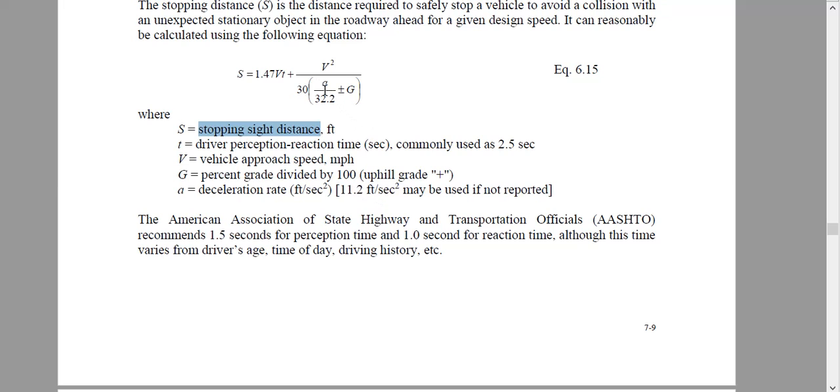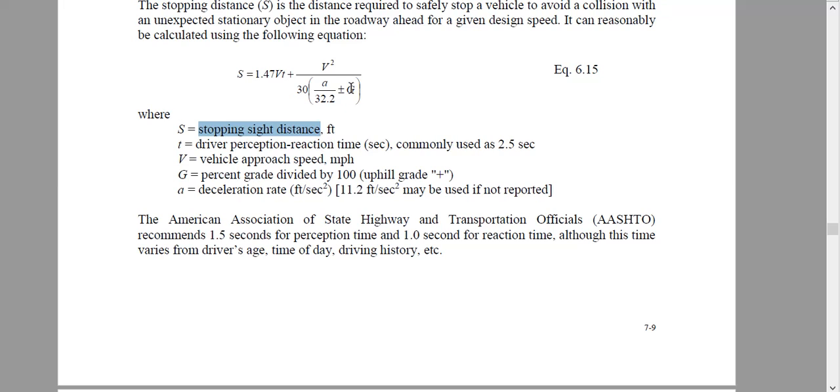That is the deceleration. What is plus minus G? That is the grade, and this should be in fraction. Say your grade is 5%, that means G is 5 by 100 in fraction. Plus minus: if it is uphill then plus, downhill minus. Why uphill plus? If it is uphill, you need less distance before stopping, because uphill you can stop your car easily.